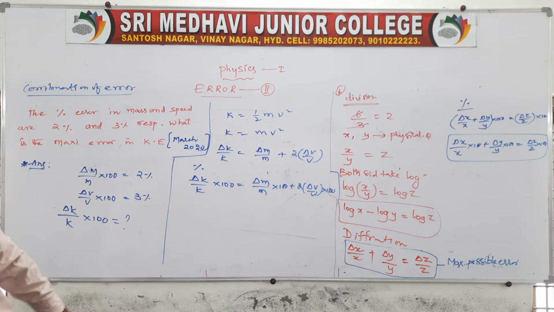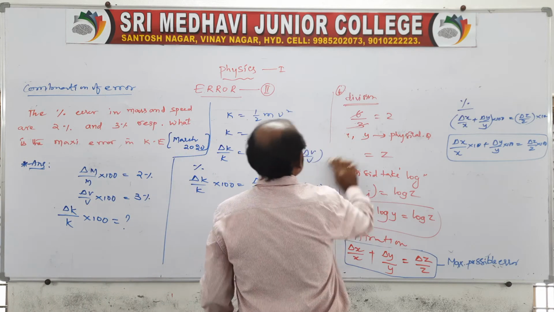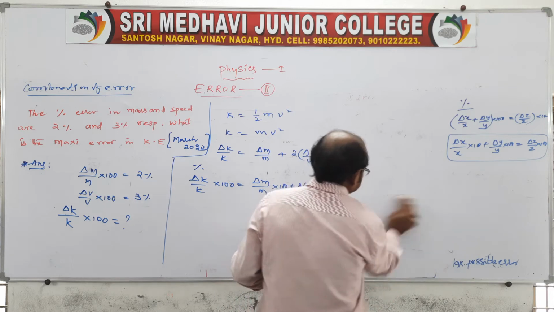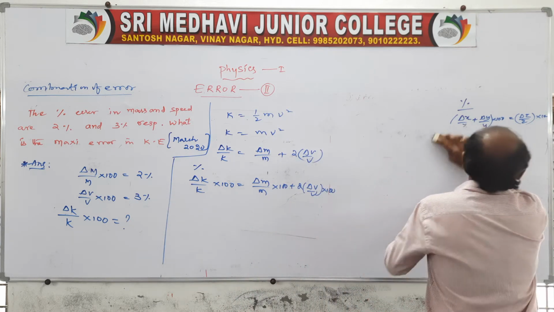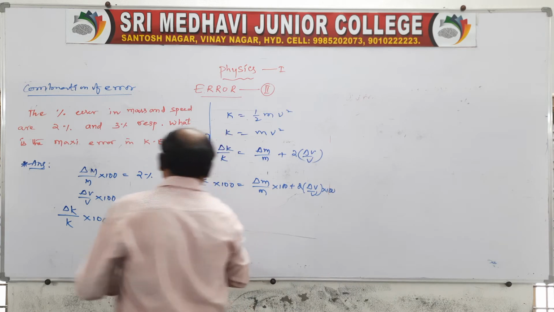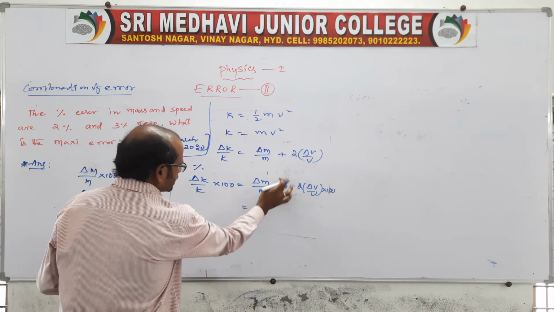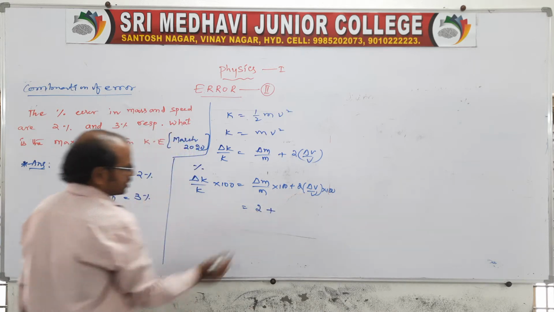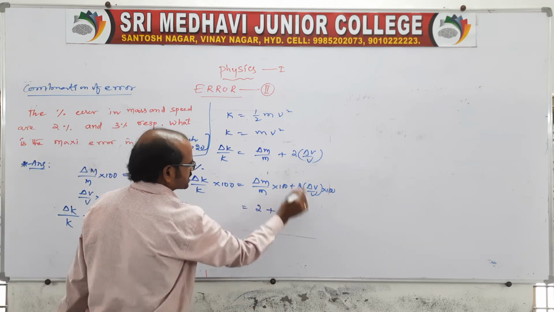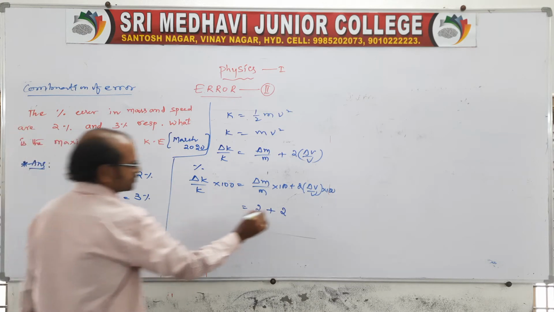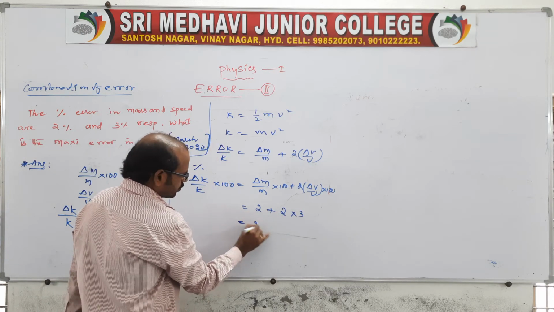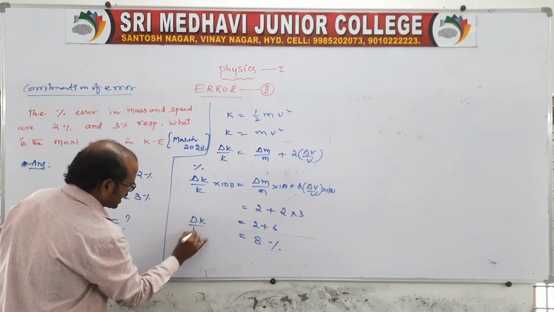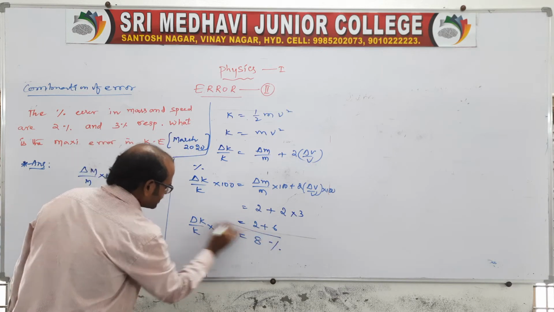So this is the method to do this problem, because multiplication is there. For multiplication we can take like this. Look at here, delta k by k into 100 is asked, delta m by m into 100 is given as 2%, plus 2 as it is because the power is there, delta v by v into 100 is 3. So 2 plus 6, we get 8%. Delta k by k into 100 becomes 8%.